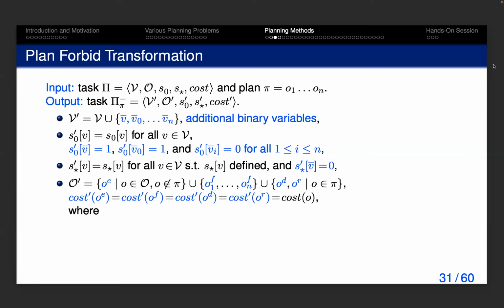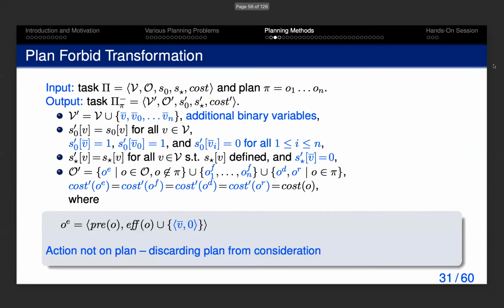So the actions: we have multiple representatives for every action in the original planning task. Let me take you through those representatives. The first and simplest case is for each action that is not part of the input plan pi.